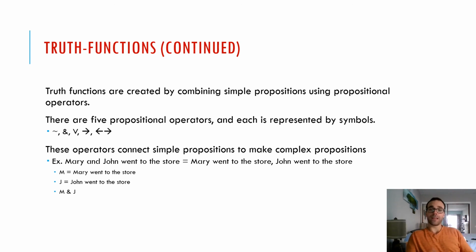So breaking complex propositions down into the connectives that connect simple propositions, there are 5 operators, 5 symbols, represented using the symbols that I have here. Now it's important to note that these symbols are going to be different depending on different material that you read.